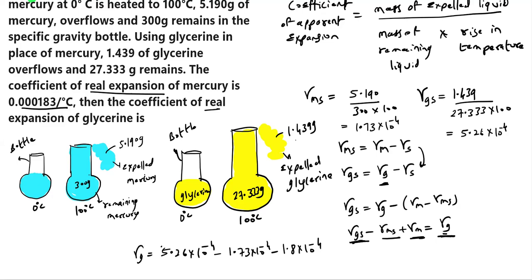We'll subtract all: 5.2 minus 1.73 minus 1.8 will be 1.67. This is of the glycerin.